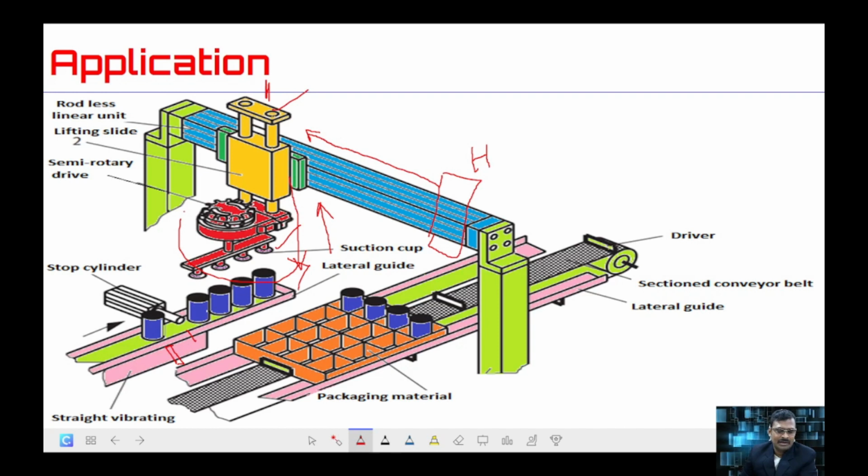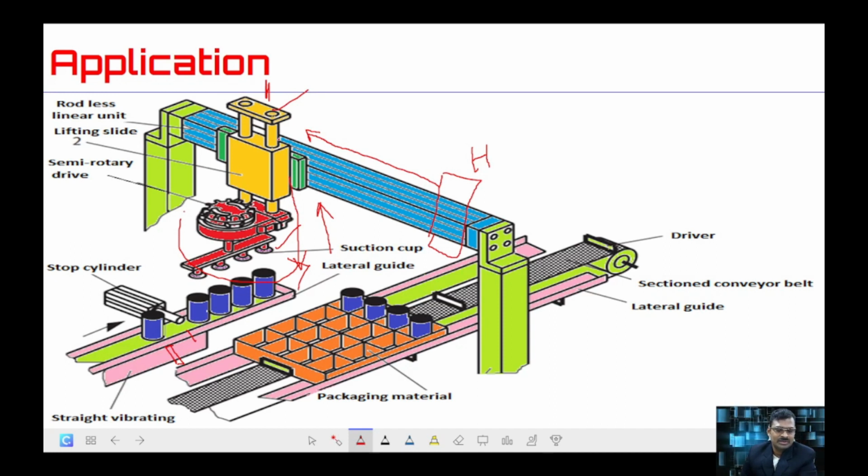So this action takes place simultaneously. The suction cup takes the object, the semi-rotary unit rotates anti-clockwise, and the lifting slide or lifting cylinder lifts the object. All three of them take place at the same time.